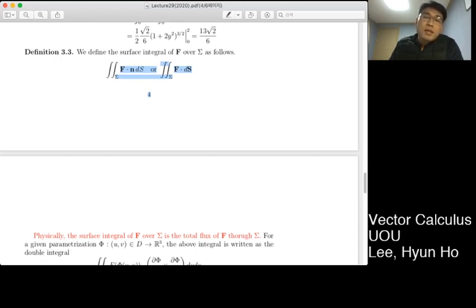F dot n is a scalar valued function. This is consistent with the previous definition, that F dot small n is a scalar valued function.